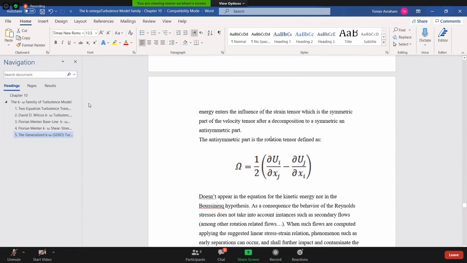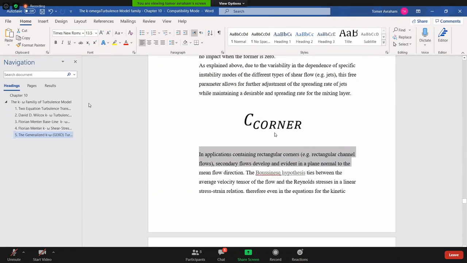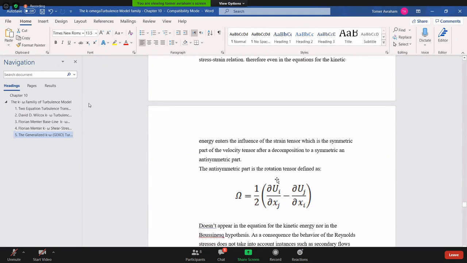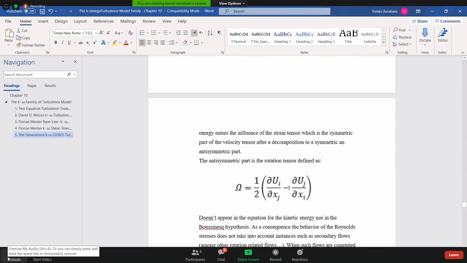Okay, so as I said before, when we are talking about the Boussinesq hypothesis, we have this du/dx, we have the shear, but we are taking out of the Reynolds stresses the rotation, which is the antisymmetric part of the velocity gradient tensor.